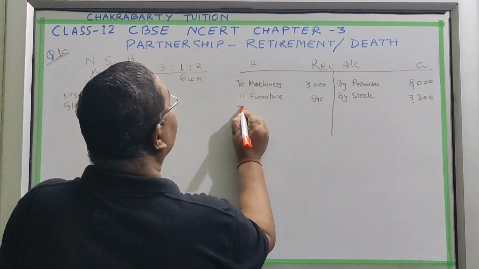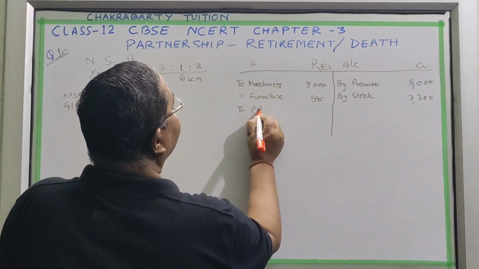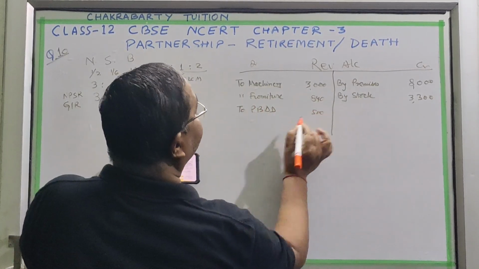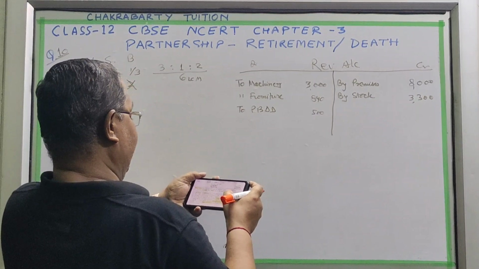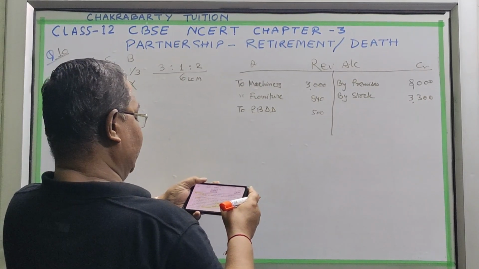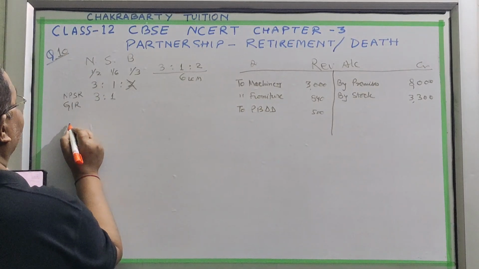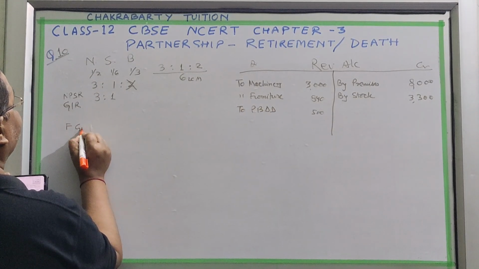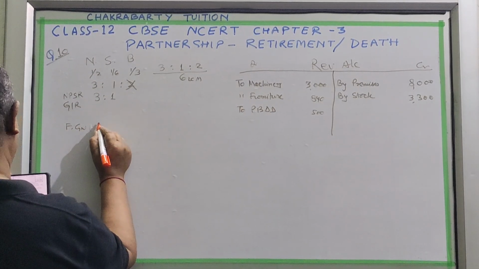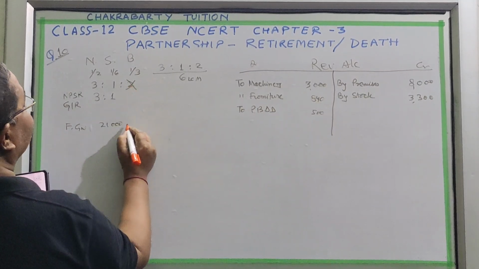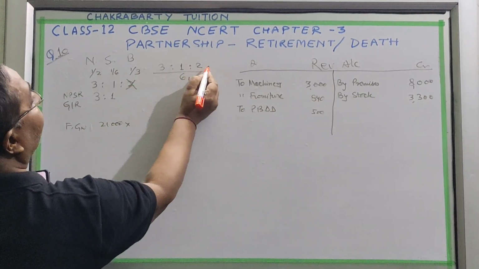So we will write to provision for bad and doubtful debts by 500, and it will become 1,500. Goodwill valued at 21,000 on Bajaj's retirement. Firm's goodwill is 21,000. So Bajaj's share will be how much?